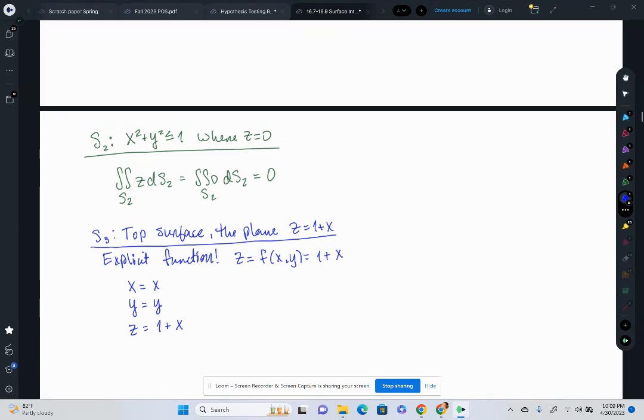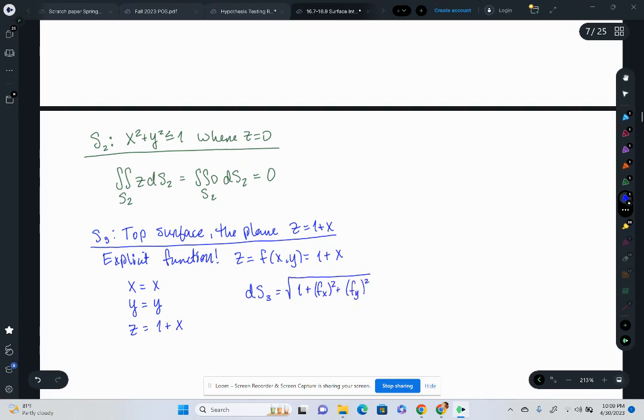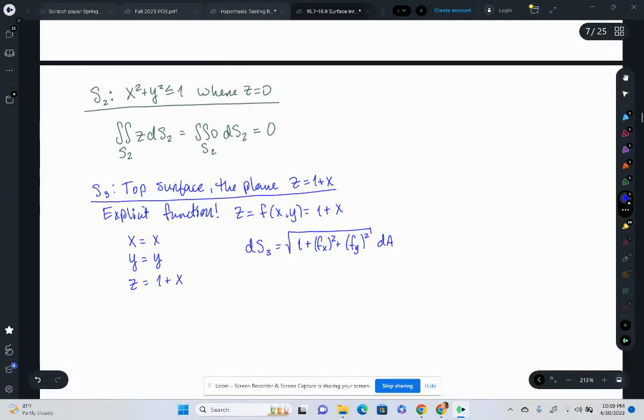Now, when we use the explicit function, we should go ahead and use the fact that dS3 will be the square root of 1 plus f sub x all squared plus f sub y all squared dA. F sub x is just 1.